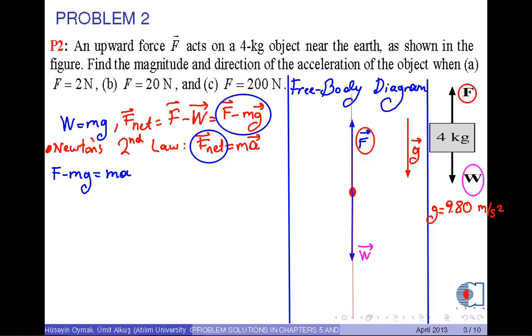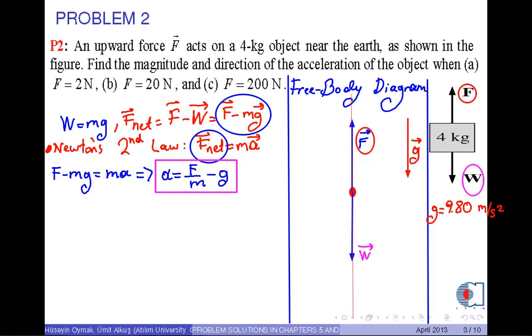Dividing both sides by m, we obtain a formula for the acceleration a as a equals F over m minus g. Now we can find the desired numerical values.